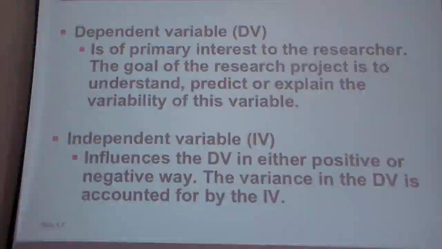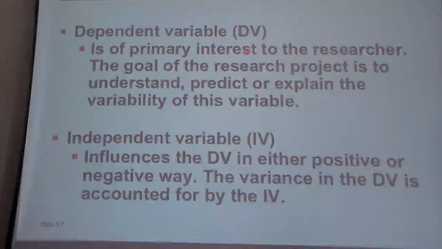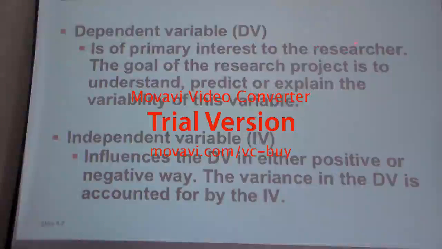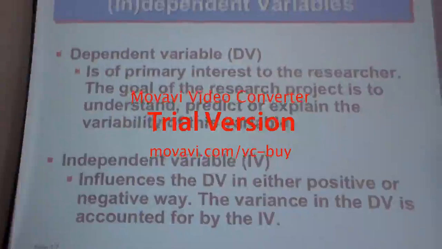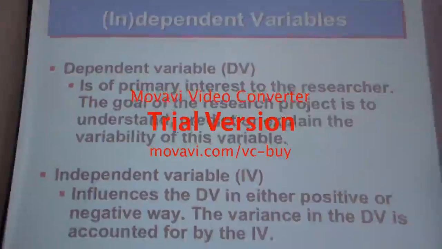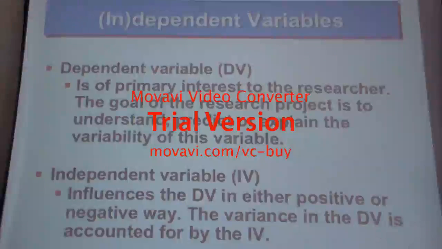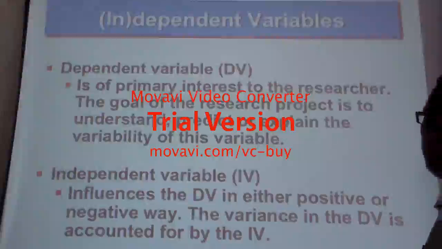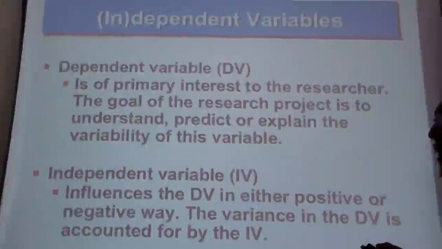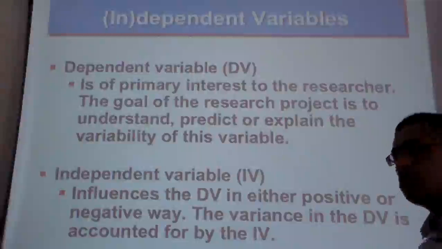Okay, the first one, the dependent variable, or DV for short, is of primary interest to the researcher. When we study any research problem, our main interest will be the dependent variable.